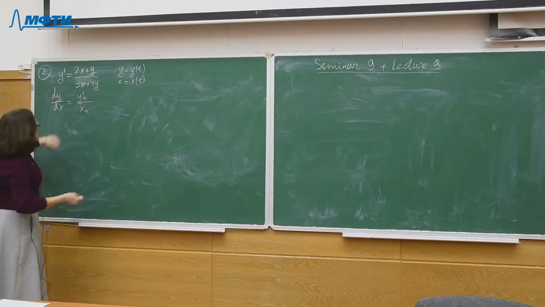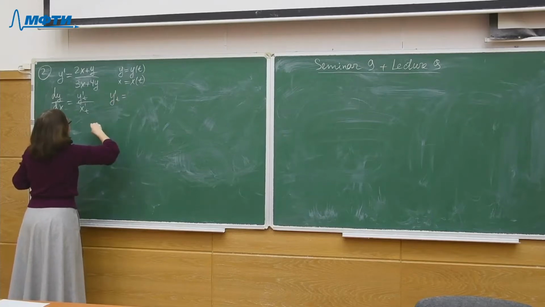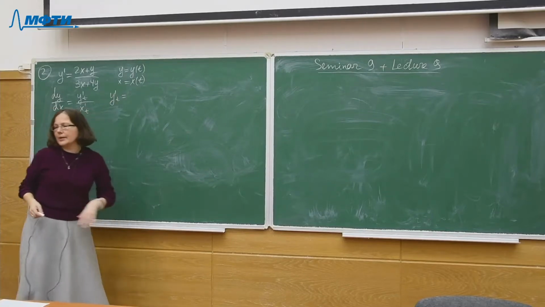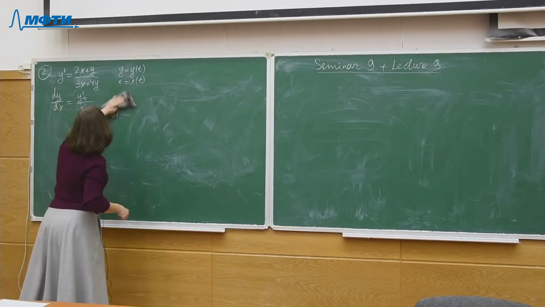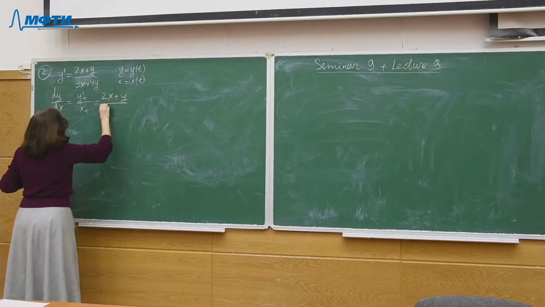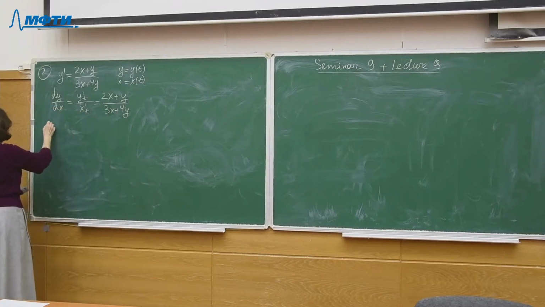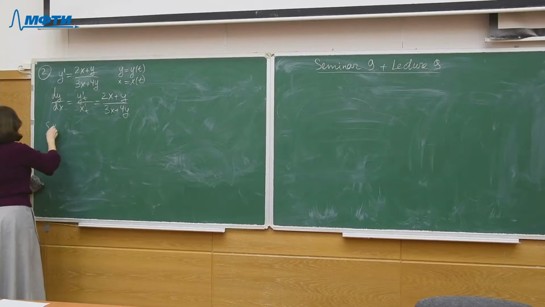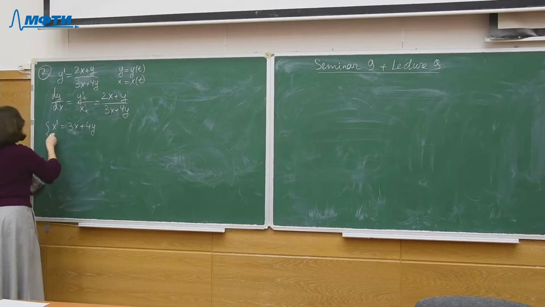So this equation is equal to 2x plus y over 3x plus 4y, and we can rewrite this as the system of equations. x prime is equal to 3x plus 4y, y prime is equal to 2x plus y.